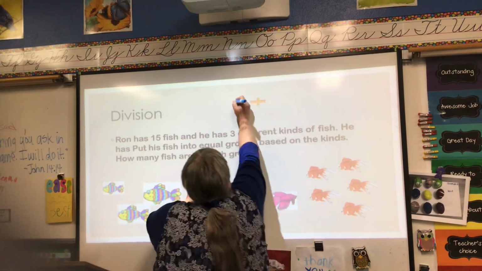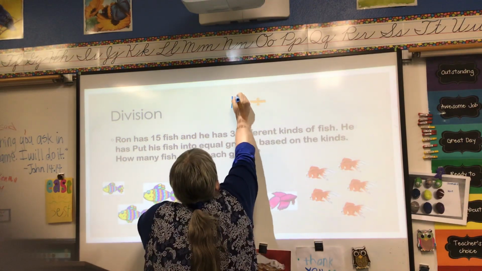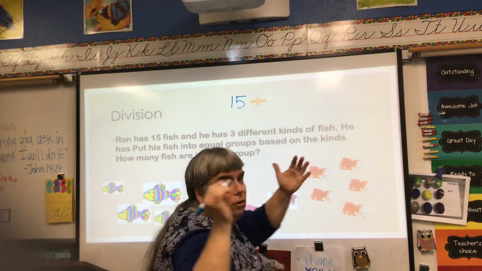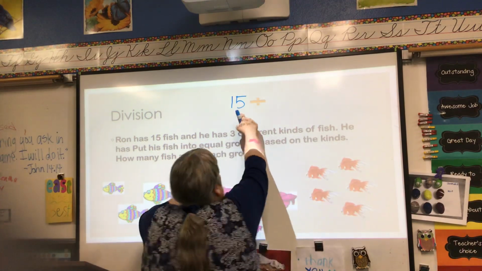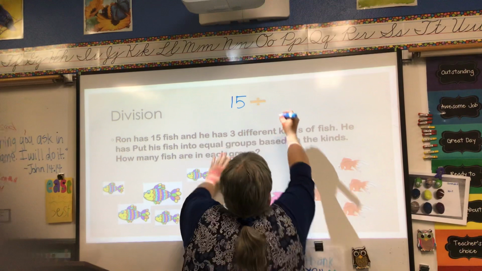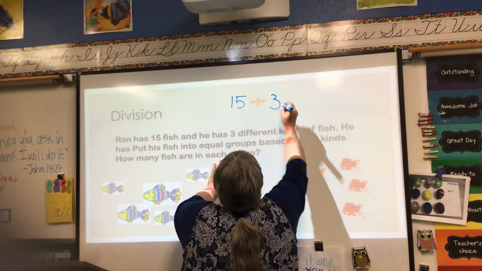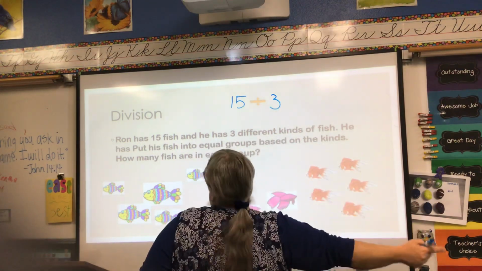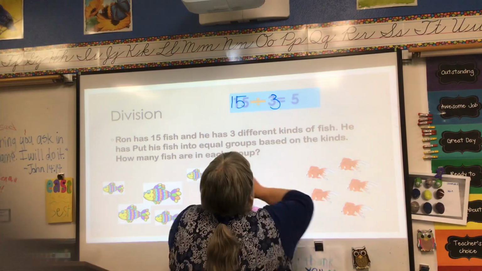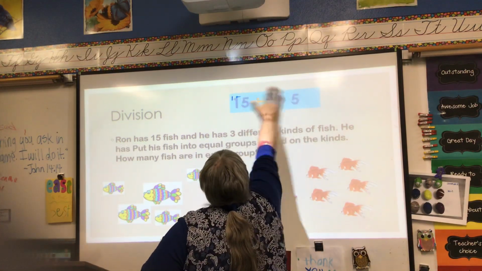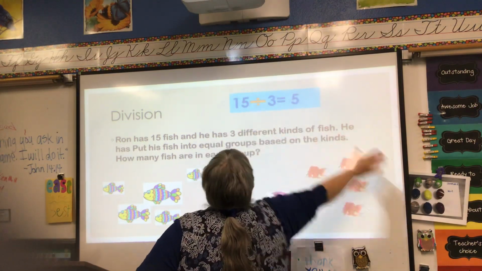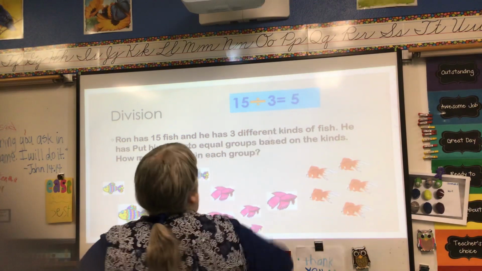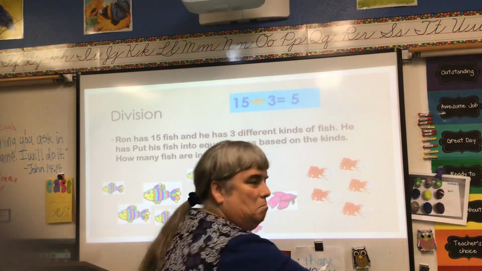So the math division problem is 15. Remember, the bigger number comes first. 15 divided into 3 equal groups. So the answer, I think, does come up. There we go. Look at that. 15 divided by 3 is 5. I know you guys knew that. That's easy.